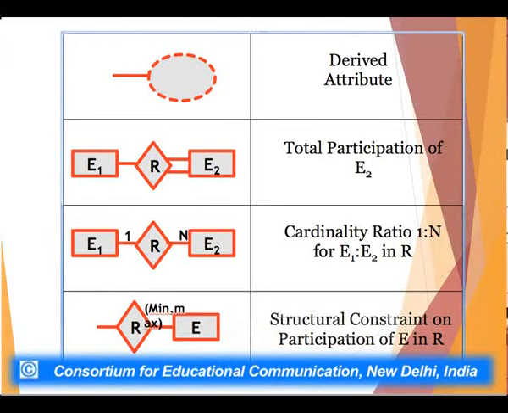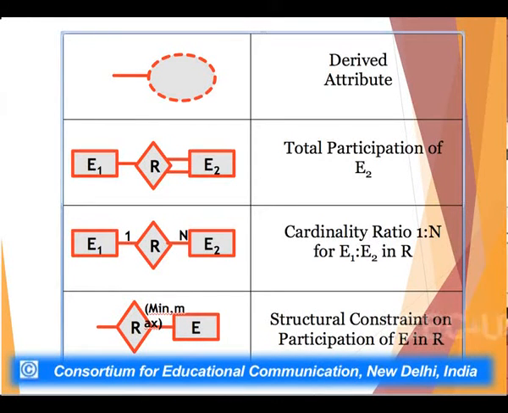Then this small pictorial representation shows the total participation of entity E2 in the relationship. Then the next relationship shows a one-to-many relationship where n represents many.